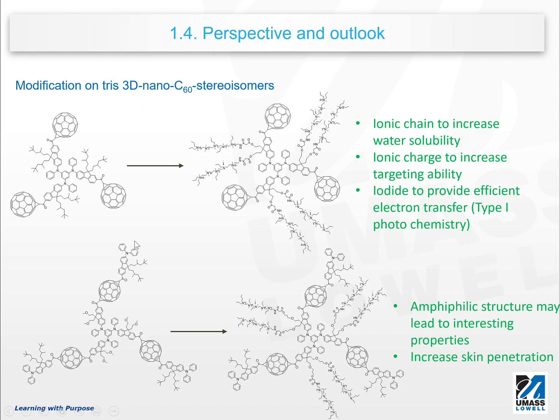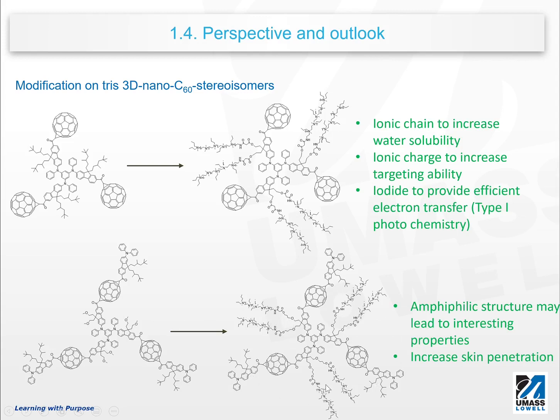And the same thing for this hexa-DPAF based tris-C60 DPAF molecule. What we might want to do is change this inner circle with cationic charged chains first. However, we still want to leave the hydrophobic alkyl chains on the outer circle.